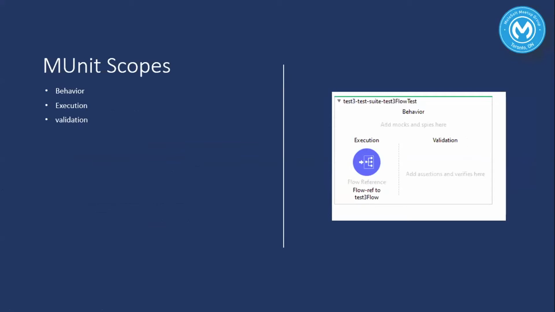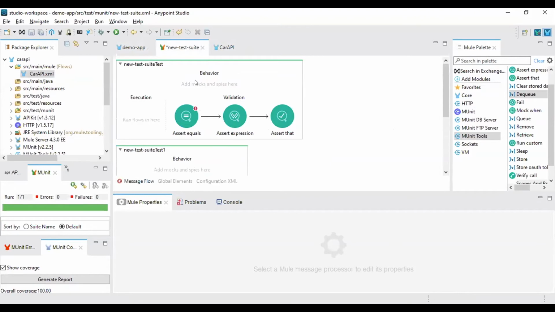If you want to run particular flows or processors, you can use the execution scope, and if you want to validate, you use the validation scope. In behavior, you can set the mocks, or set the payload or event.